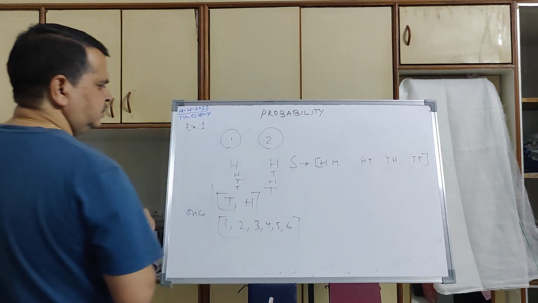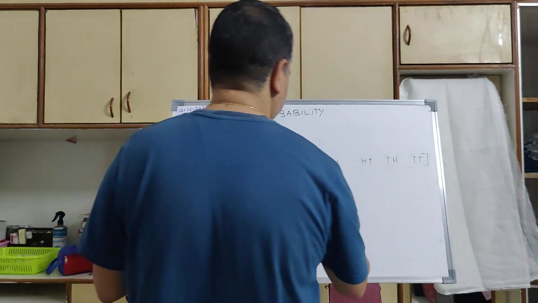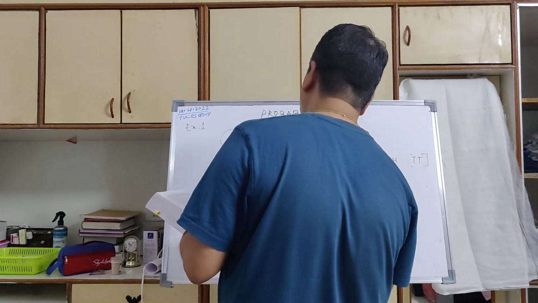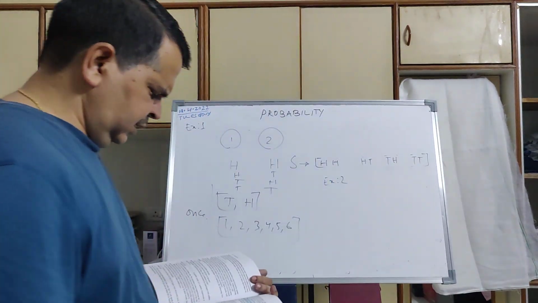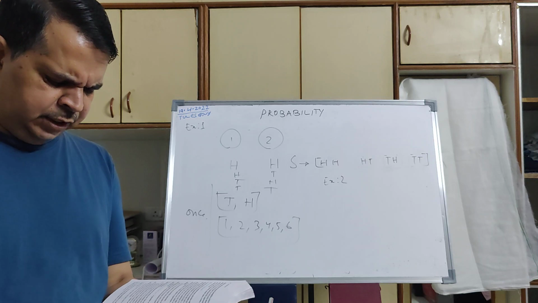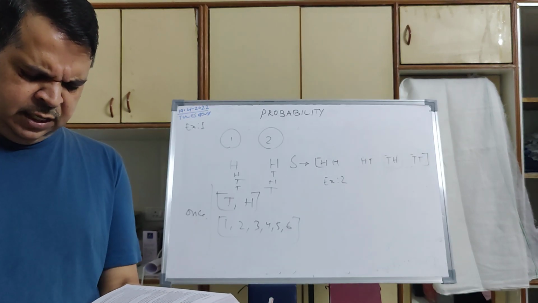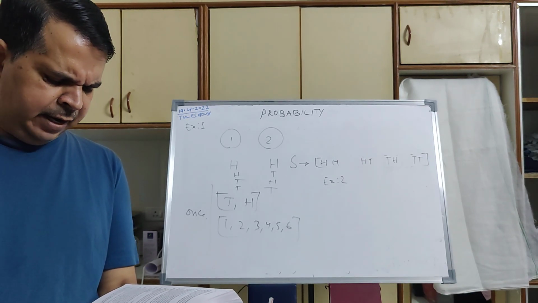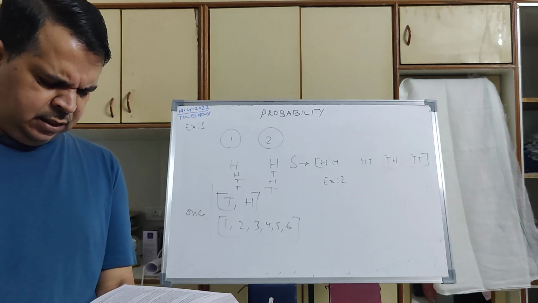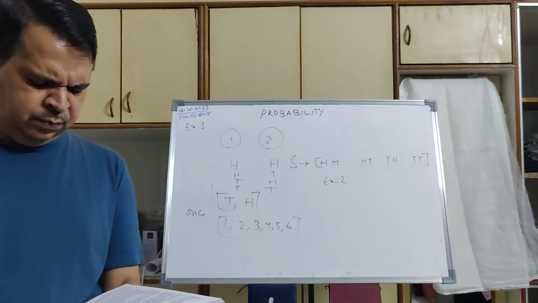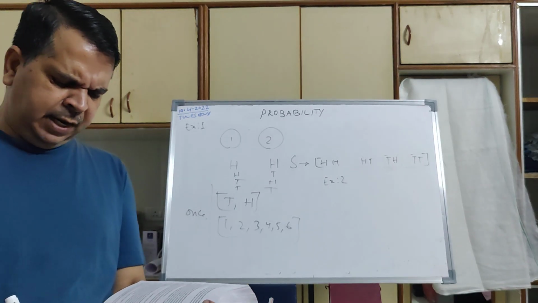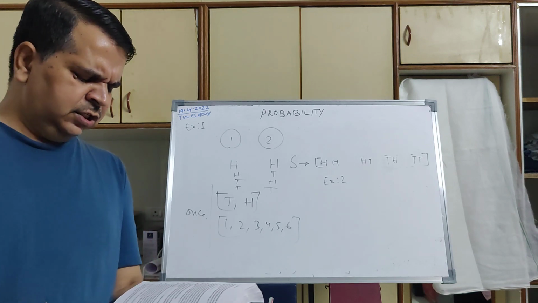Now let us solve another example, example 2. Find the sample space associated with the experiment of rolling a pair of dice, one blue and the other red. Also find the number of elements of this sample space.